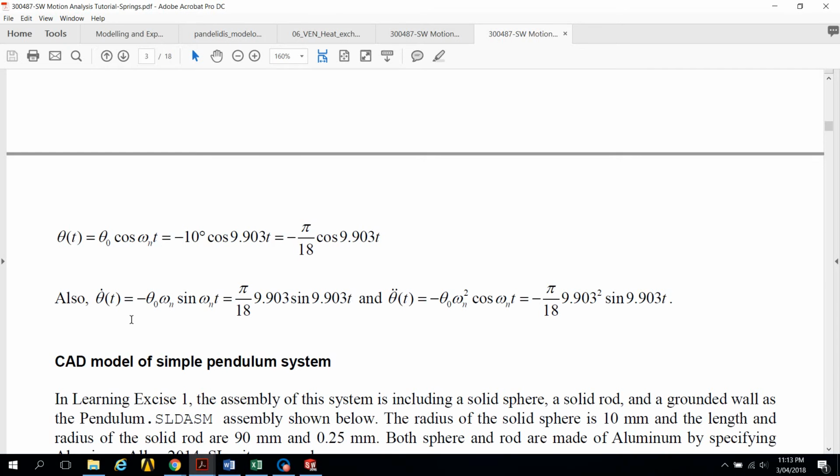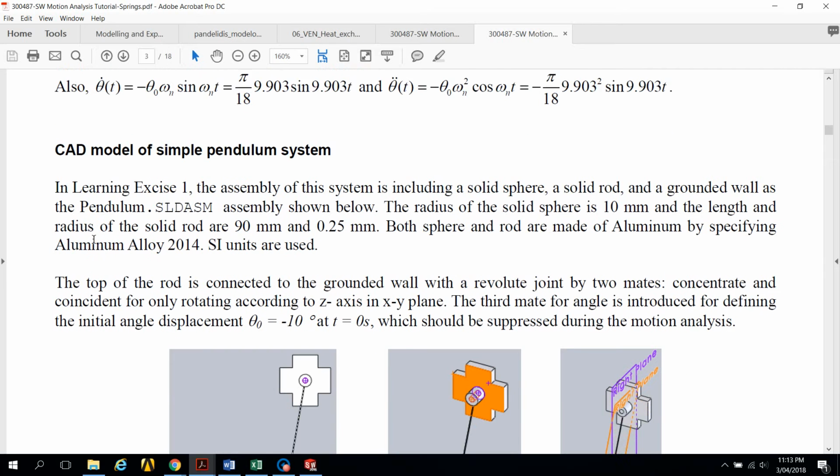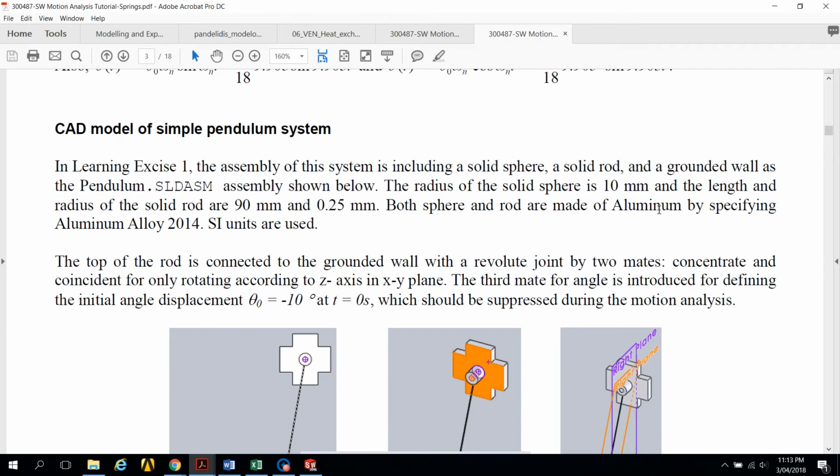So first, for the learning CAD model of the simple pendulum system, in exercise number 1, the assembly can be opened, and we're going to have the shape you can see below.